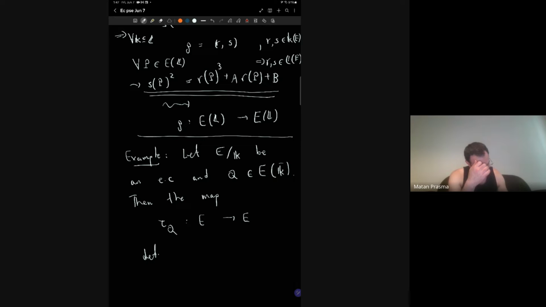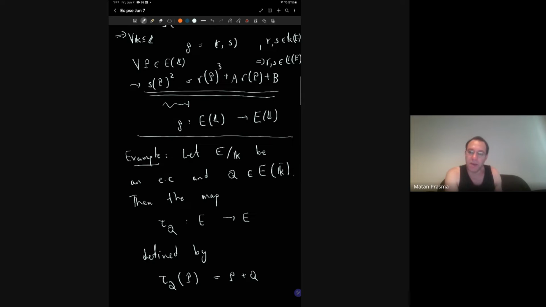defined by tau Q of a given P is P plus Q. So tau is like a translation.